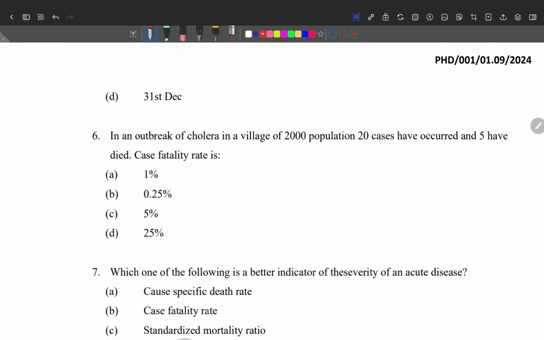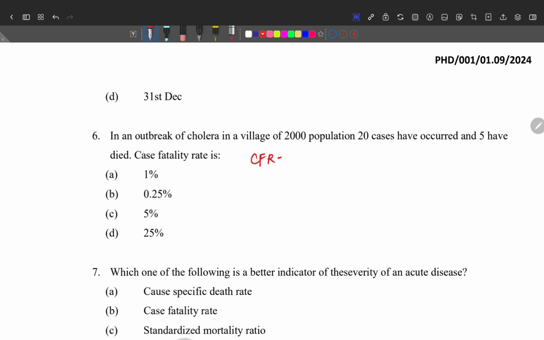Now comes your mathematics funda. The question is, in an outbreak of cholera in a village of 2000 population, 20 cases have occurred and 5 died. The case fatality rate is?